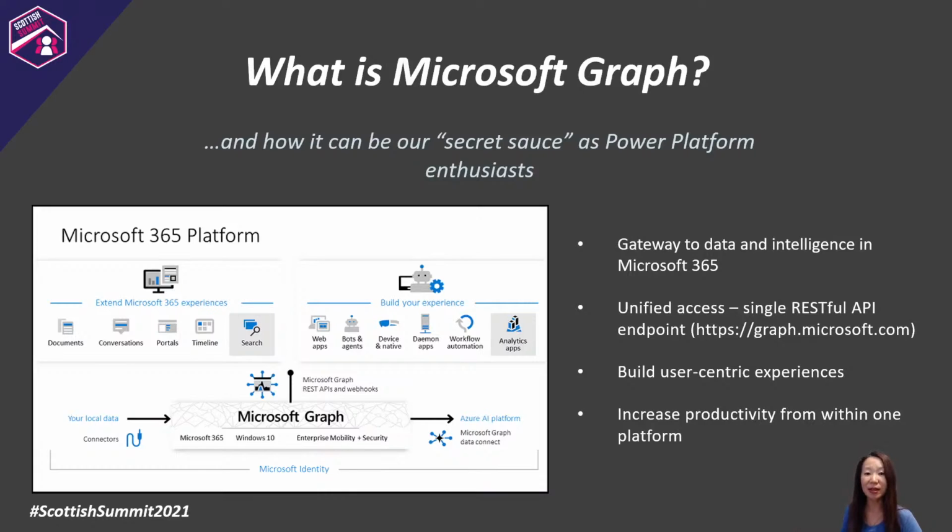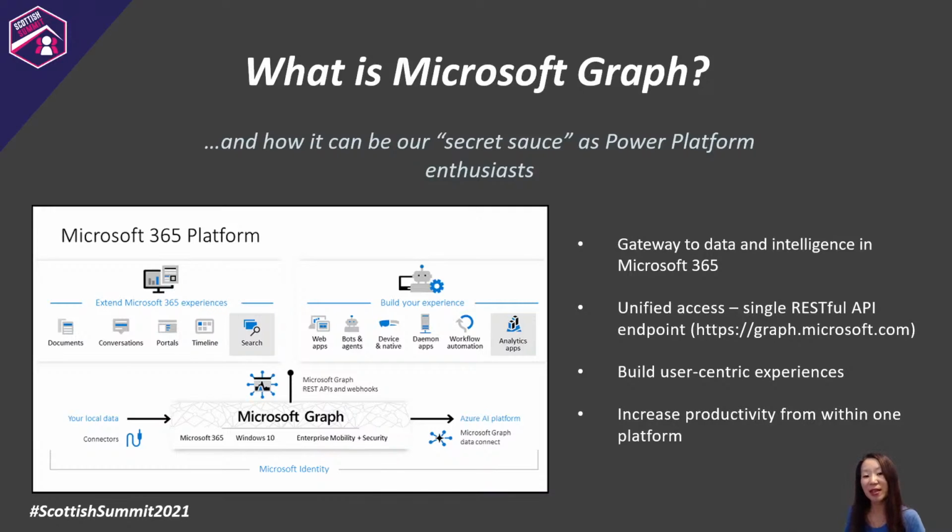These services include things like Office 365, Azure AD, enterprise mobility and security, and so on. Why is this relevant to us Power Platform enthusiasts? It's because the business applications and process we build on top of Power Platform can leverage this to allow relevant data to be surfaced to the users to increase their productivity and experiences.